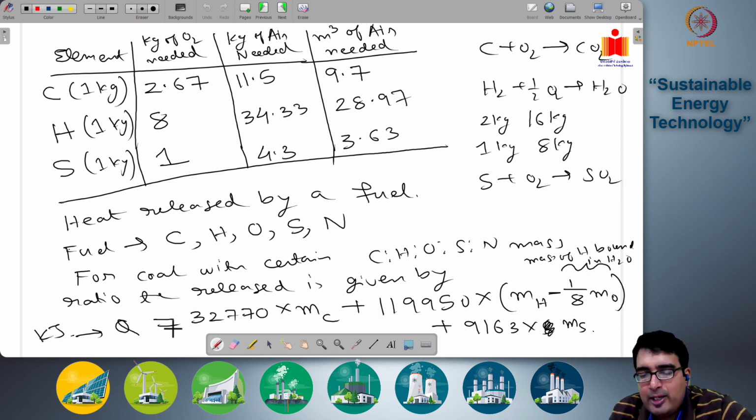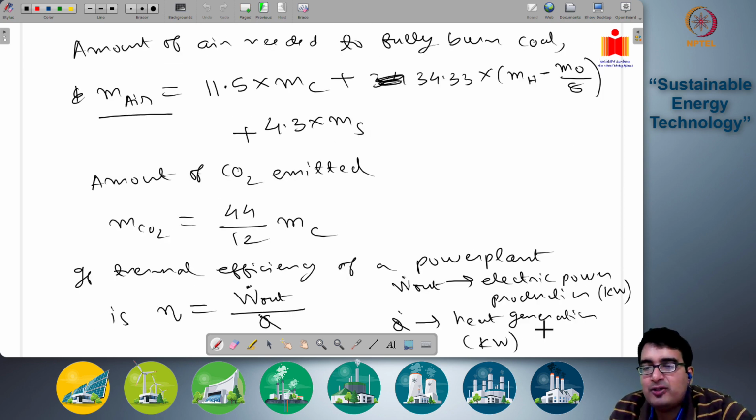Then you multiply by 100 and you will get the heat generated per second in your power plant. And this is your heat generation rate in your power plant. And this is the electric power output. Then the efficiency is the ratio of the net useful energy output, which is electric power, by the net heat input, which is the heat that is being generated. So these thermal efficiency values are also often given.